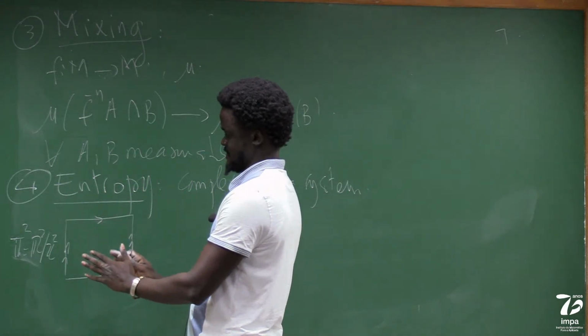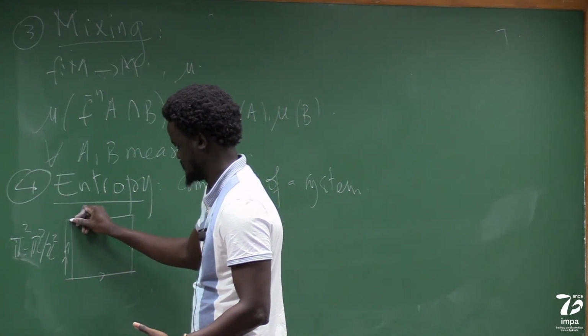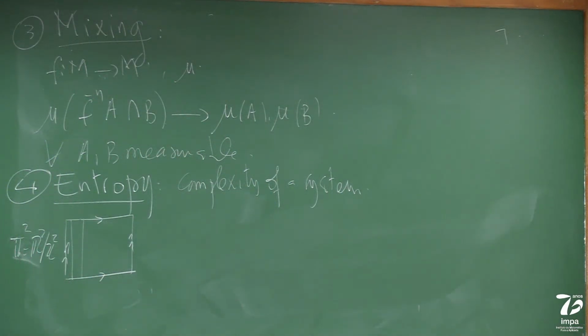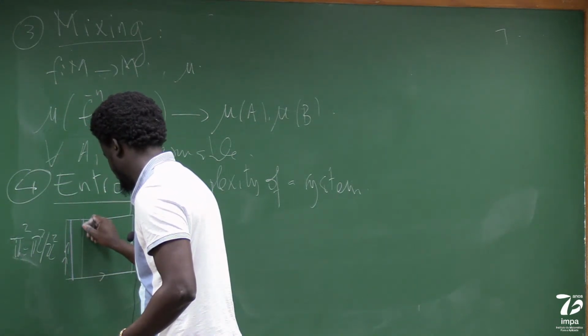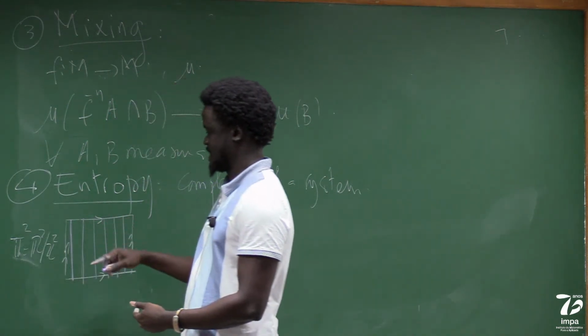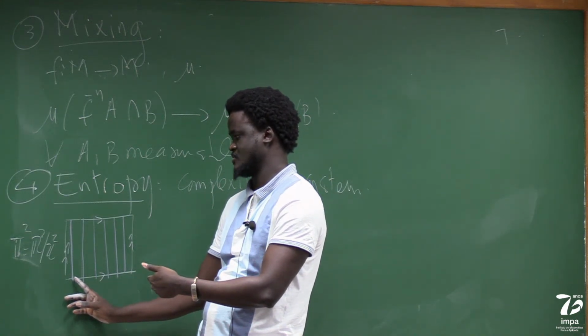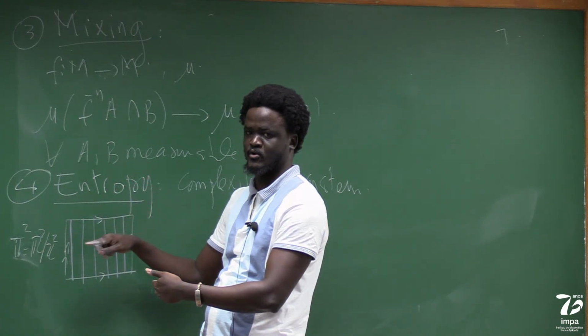If I have a flow, let's say a flow that is just vertical, this is an example of a continuous time dynamical system where everything is a periodic orbit.